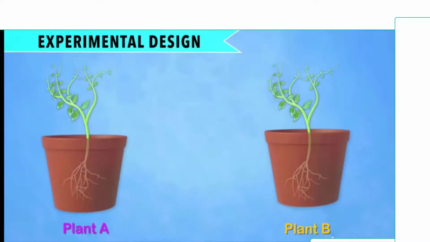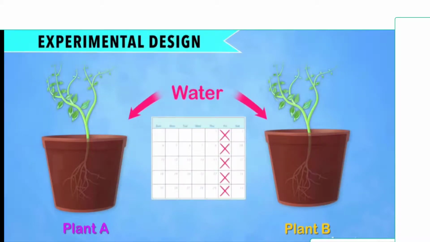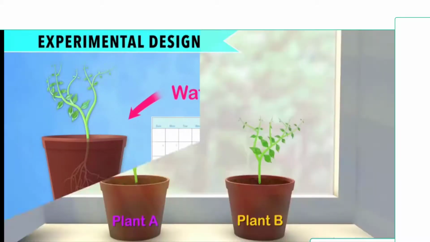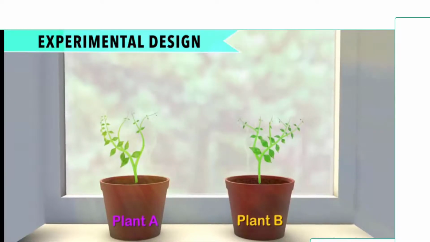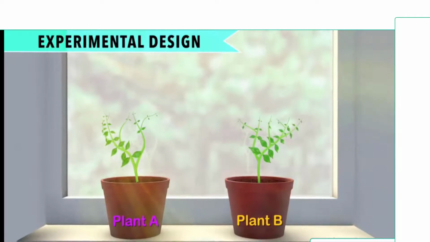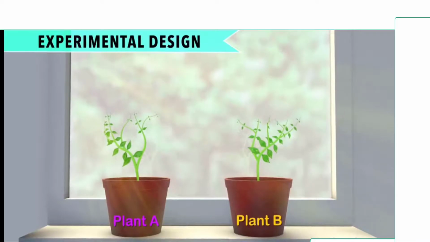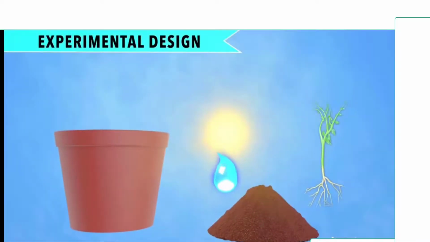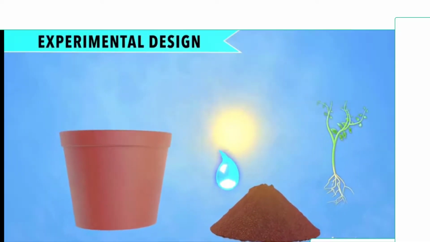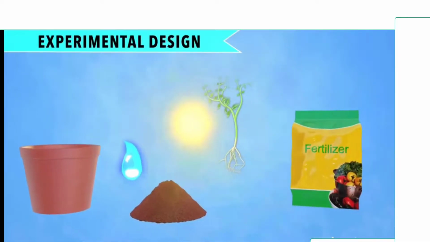Potted both these plants in soil, watering these plants, and took observation. Now placed both potted plants in same area to receive light intensity. Students, plants receive same soil, same intensity of light, water, except fertilizer.